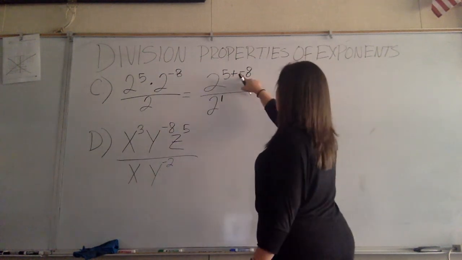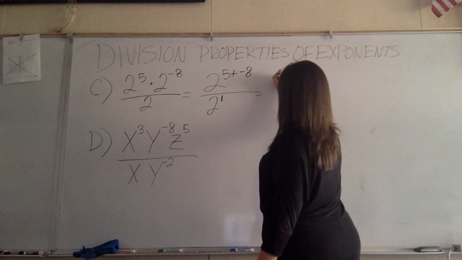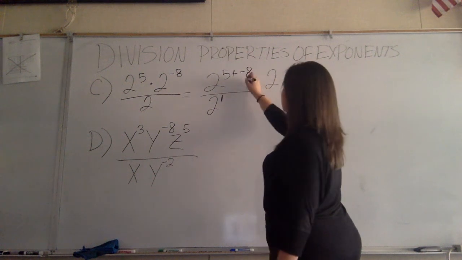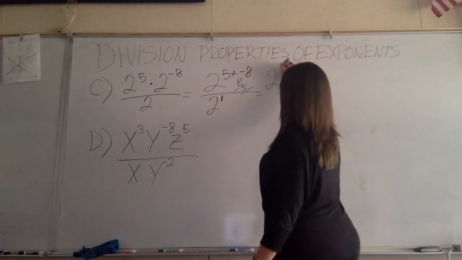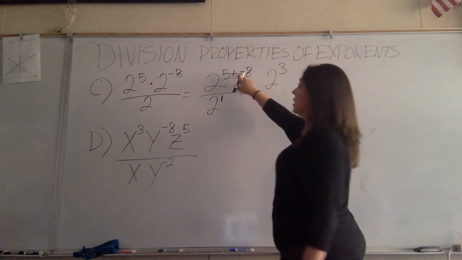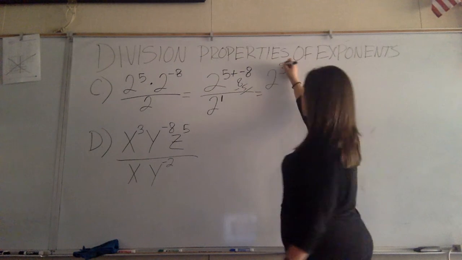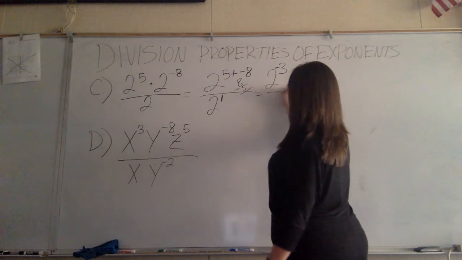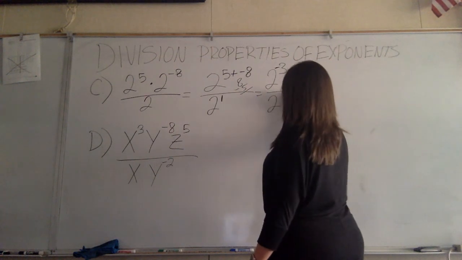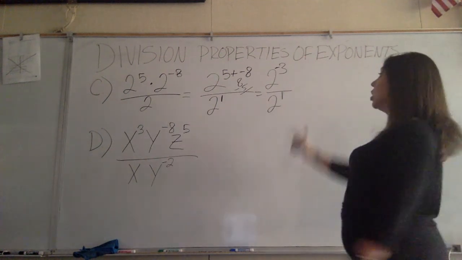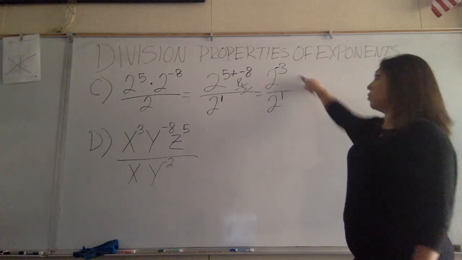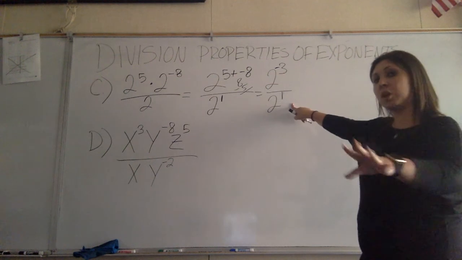I have 2, 5 to the negative 8. Well, 2 to the 5 and 2 to the negative 8 means I have 8 minus 5. I'm going to get a 3, and it's going to be negative because my 8 is negative. And I still keep this 1. Normally, you would say, oh, that's a negative, bring it down. But hold off just a second.